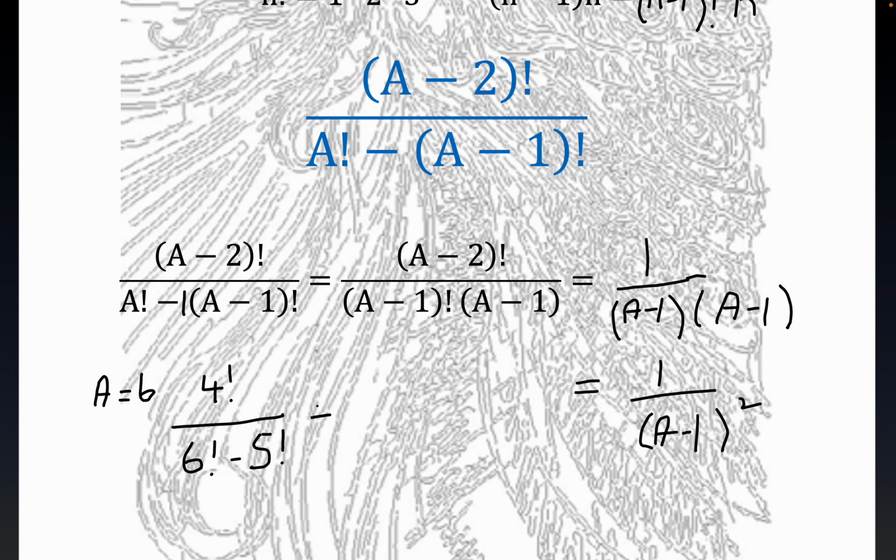Let's just go through it. 4 factorial is 1 times 2 times 3 times 4. That's 24. We've already seen that. So you have 24. Now 6 factorial is 1 times, you do 5 times this, which is 120, then 6 times 120 is 720. And so you would have 24 over 720 minus 120, right?